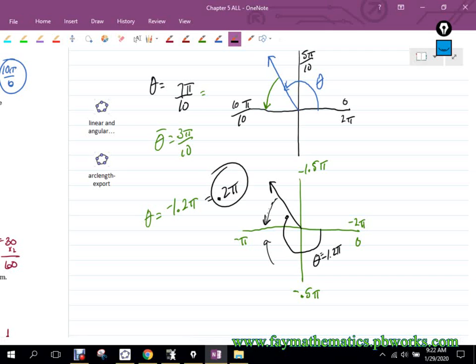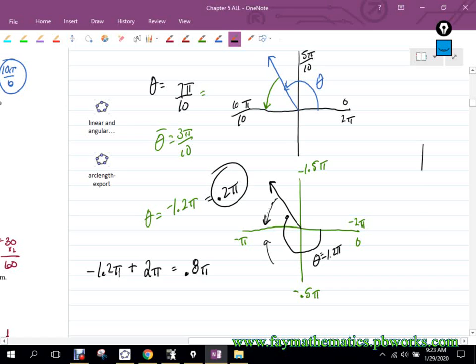Does that make sense? If I had negative 1.2 pi and add to it 2 pi, because I want to get something between 0 and 2 pi, that's going to give me 0.8 pi. Does that make sense?